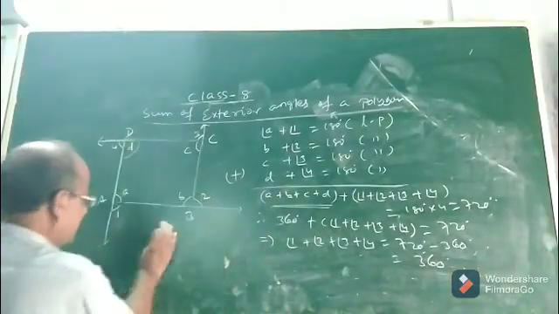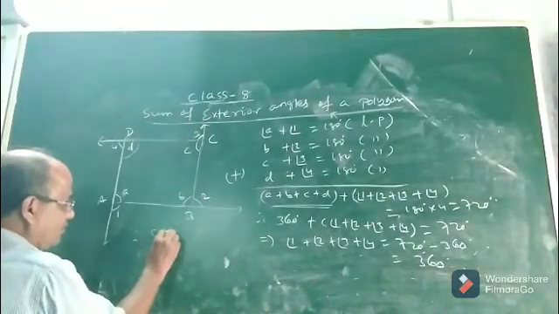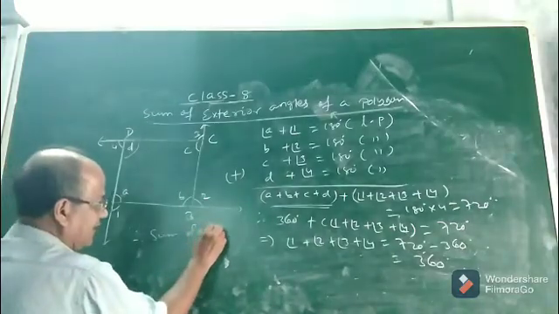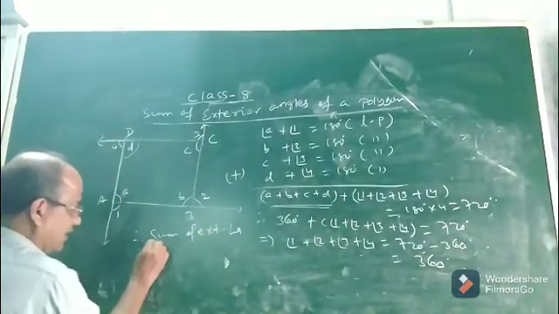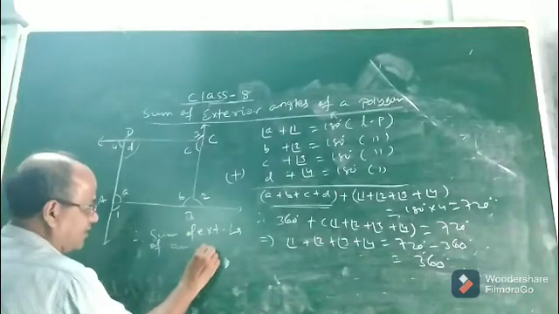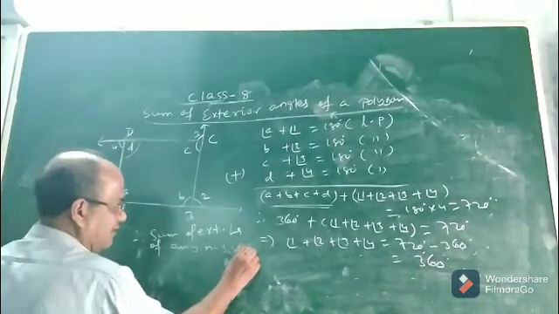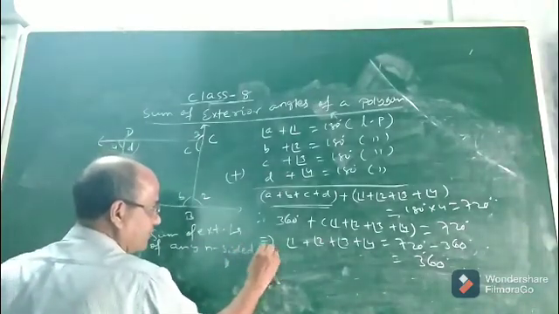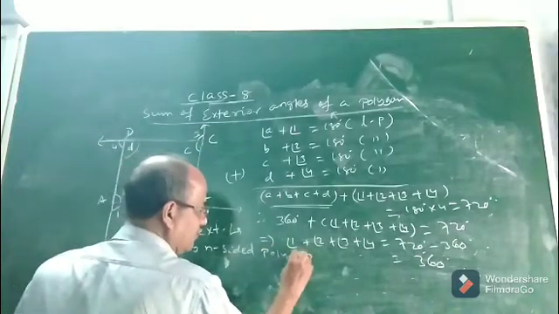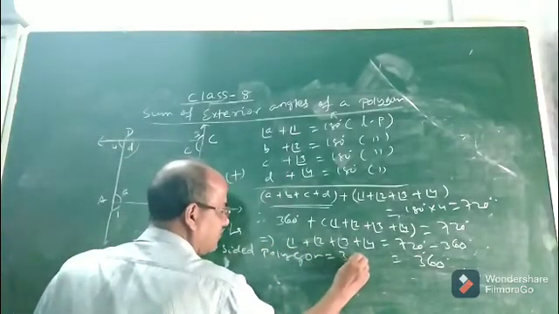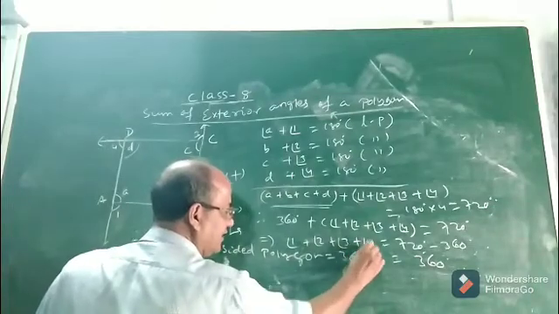So what will we write? The formula, therefore: sum of exterior angles of any n-sided polygon is equal to how much? 360 degrees.